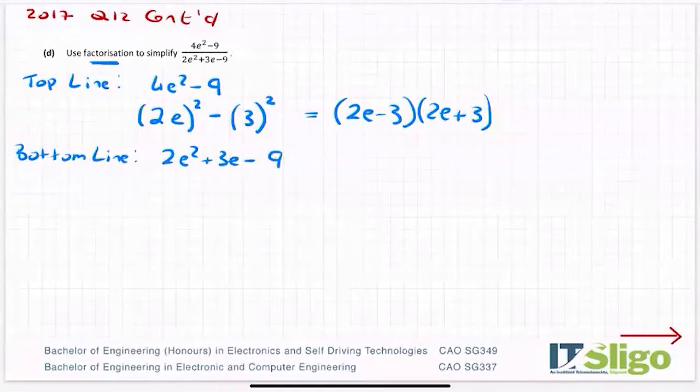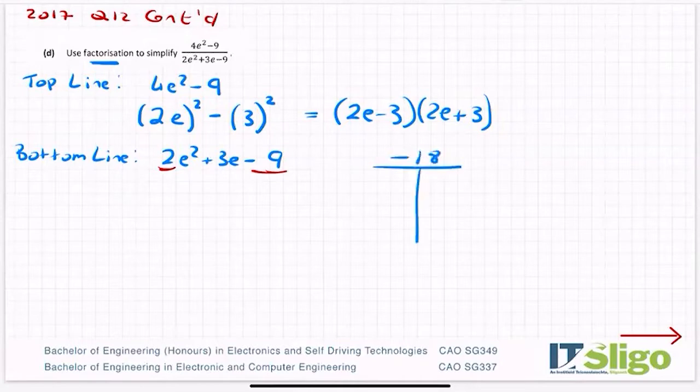Okay, so this is a quadratic. The easiest way of getting the guide number is a by c. Okay, so minus 18 for my guide number and the factors of that. So I have minus 18 plus 1, plus 18 minus 1. I have 9 2s. I have 6 3s.